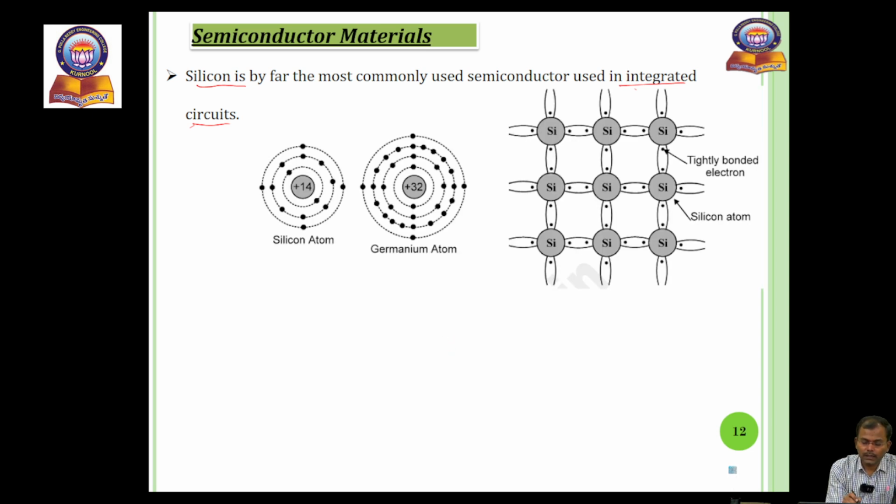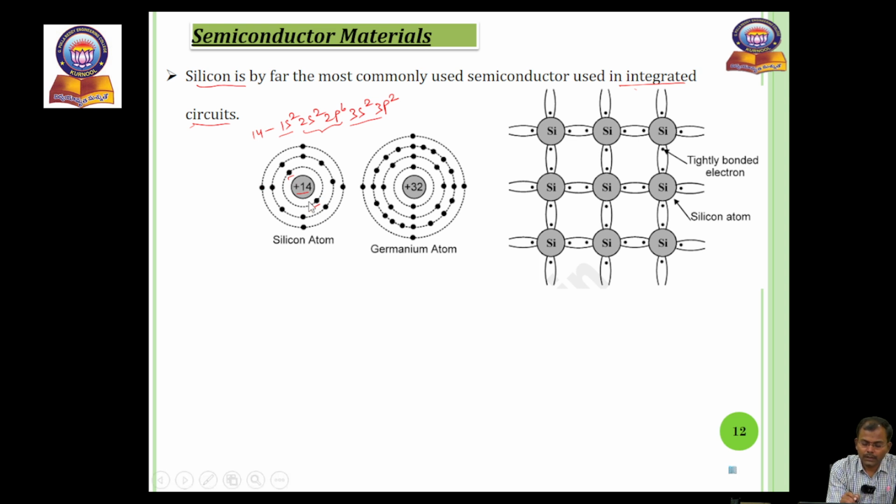So silicon has atomic number 14. We can write it as 1s2, 2s2, 2p6, 3s2 and 3p2. So in the first orbit you have 2 electrons, in the second orbit you have a total of 8 electrons, and in the third orbit you have 4 electrons.